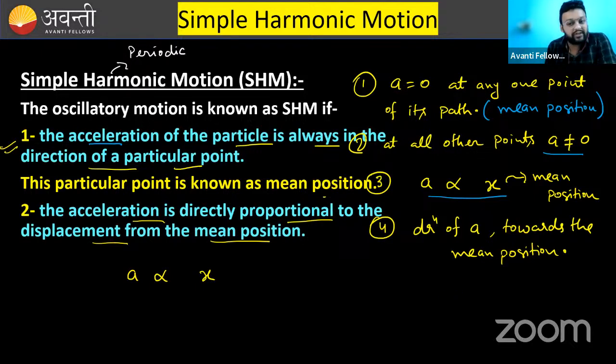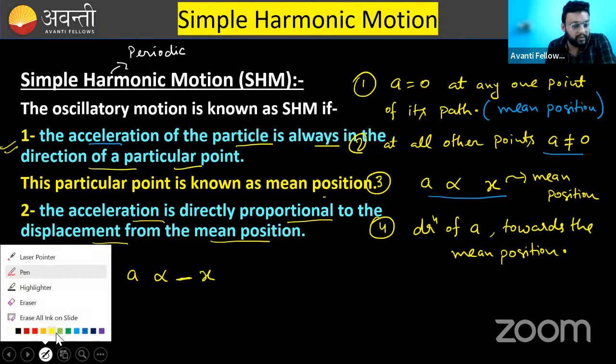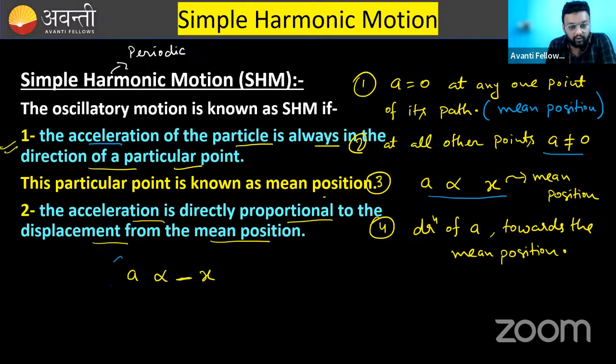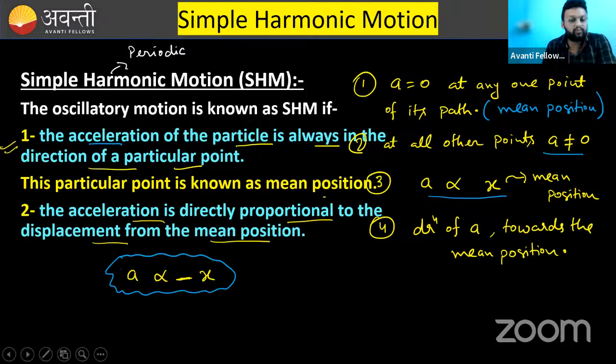And if the direction is towards the mean position, then you will say there is a minus sign which indicates that direction is always towards the mean position. That means for a motion to be SHM, the condition to be followed is that acceleration should be proportional to minus of x. Minus of x means negative is indicating the direction towards the mean position, the fundamental and basic condition.